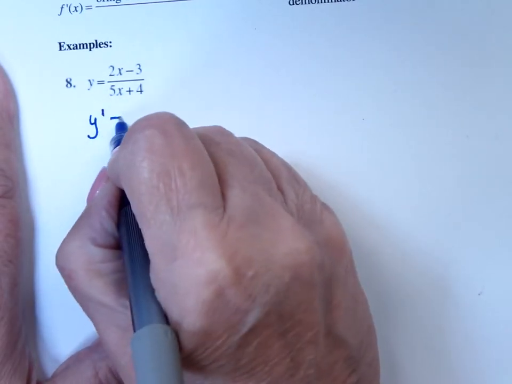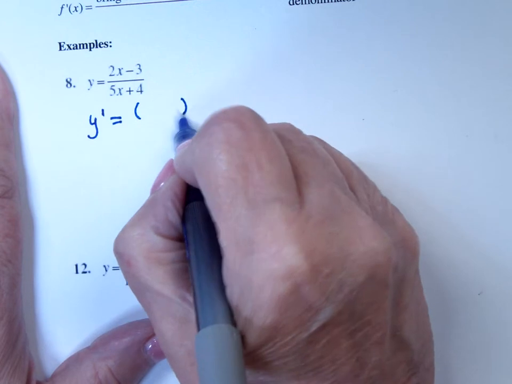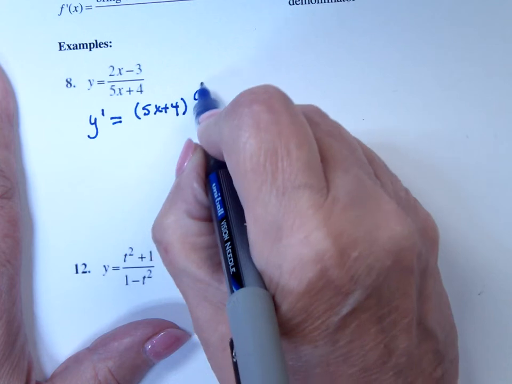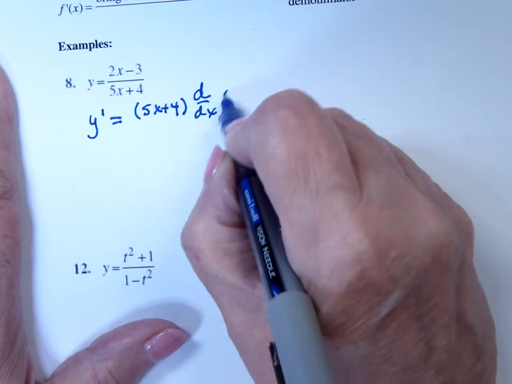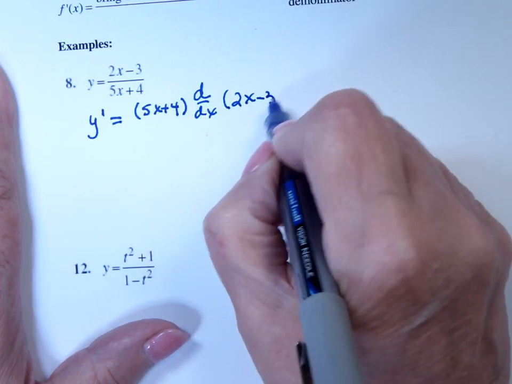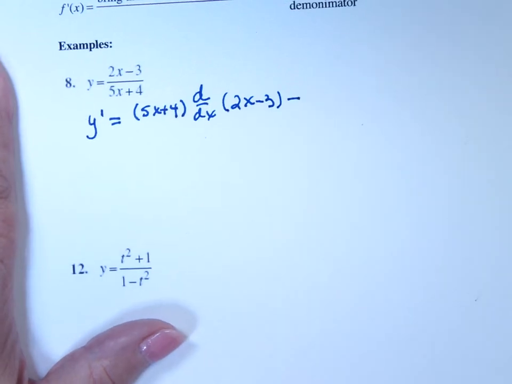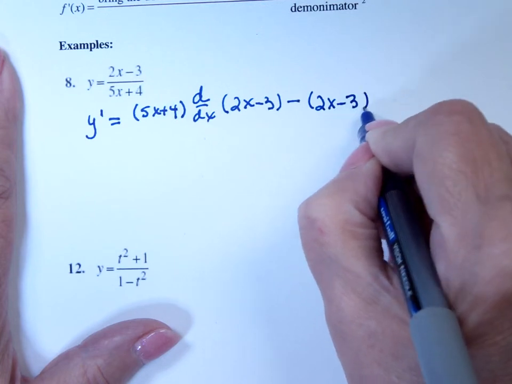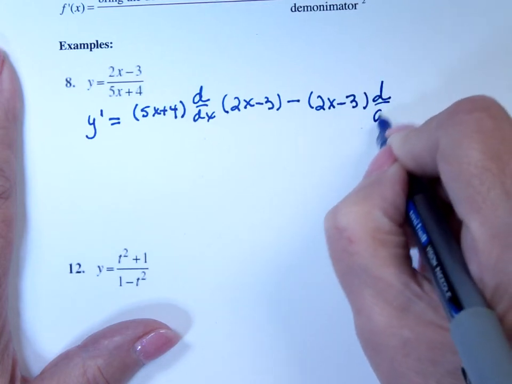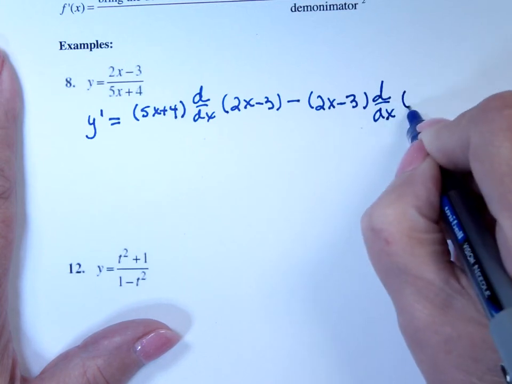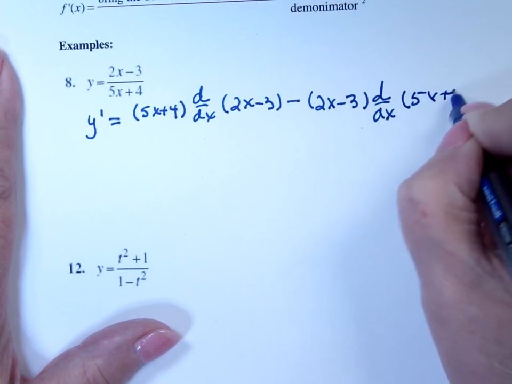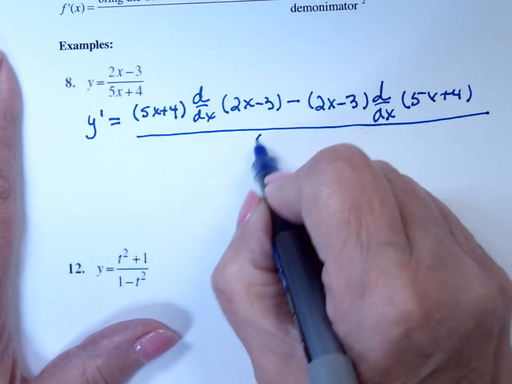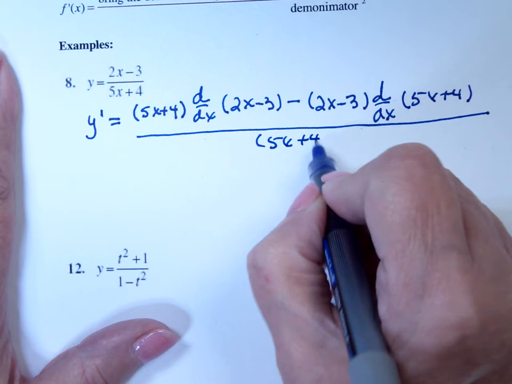So y prime: the denominator, times the derivative of the numerator, minus the numerator, times the derivative of the denominator, all over the denominator squared.